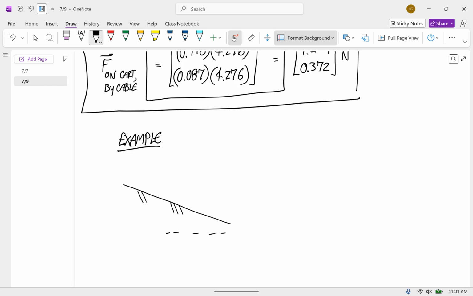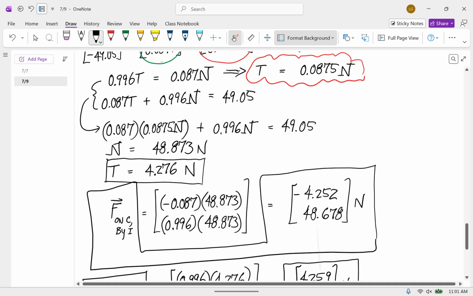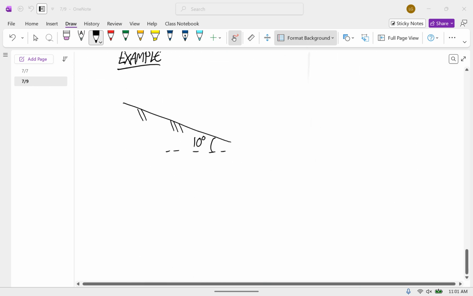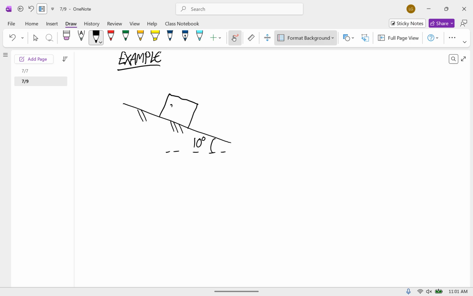Okay, so this time, let's say the angle of this ramp, the slope is the other direction. And the angle is 10 degrees. And this time we have a friction contact, so I'm not going to draw the wheels. And let's say this mass is 0.5 kilograms.